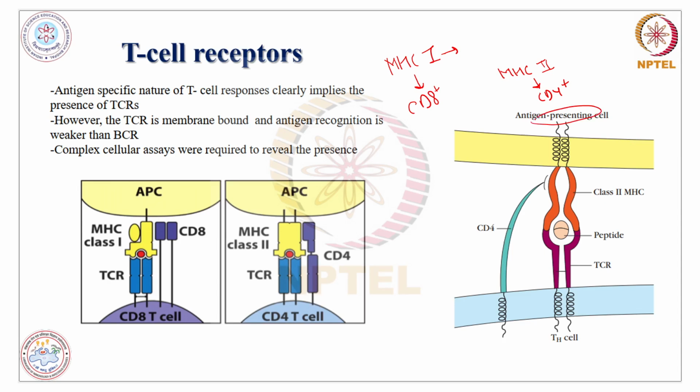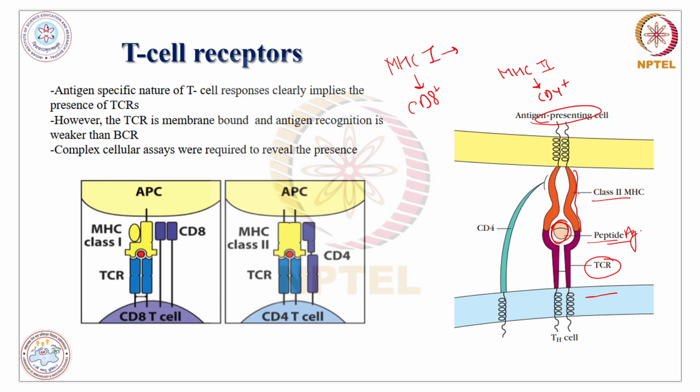Like this is here an antigen presenting cell, and the MHC class 2 molecule is present on the surface, and they have captured a peptide or an antigen. So this is here the T cell receptor. This is the T cell and this is the T cell receptor.